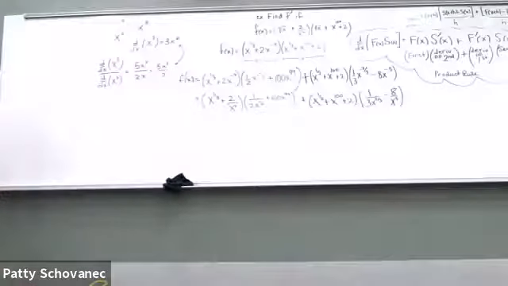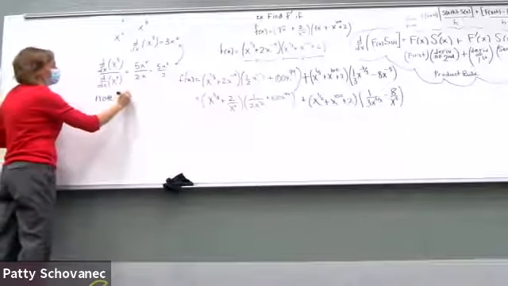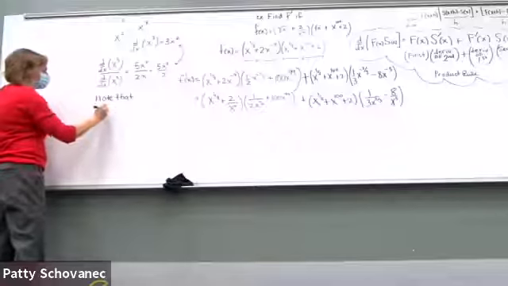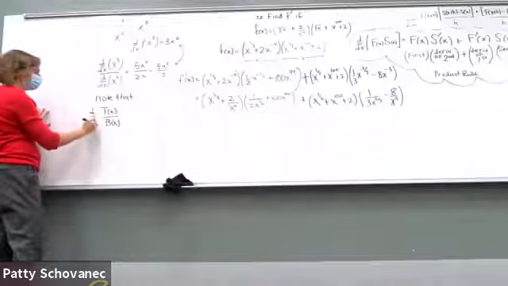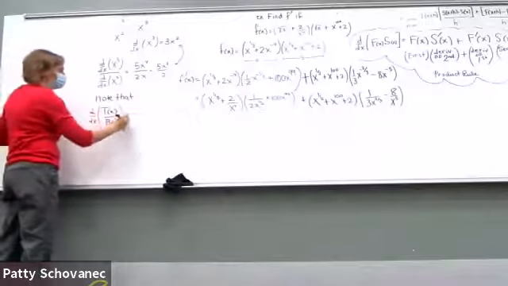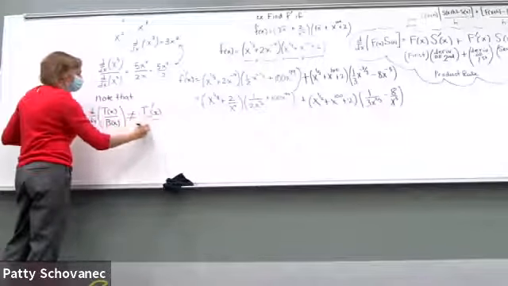You can't take the derivative of a fraction by taking the derivative of the top divided by the derivative of the bottom. So note that if I have a top function and a bottom function, and I want to take the derivative of it, it's not equal to the derivative of the top divided by the derivative of the bottom.